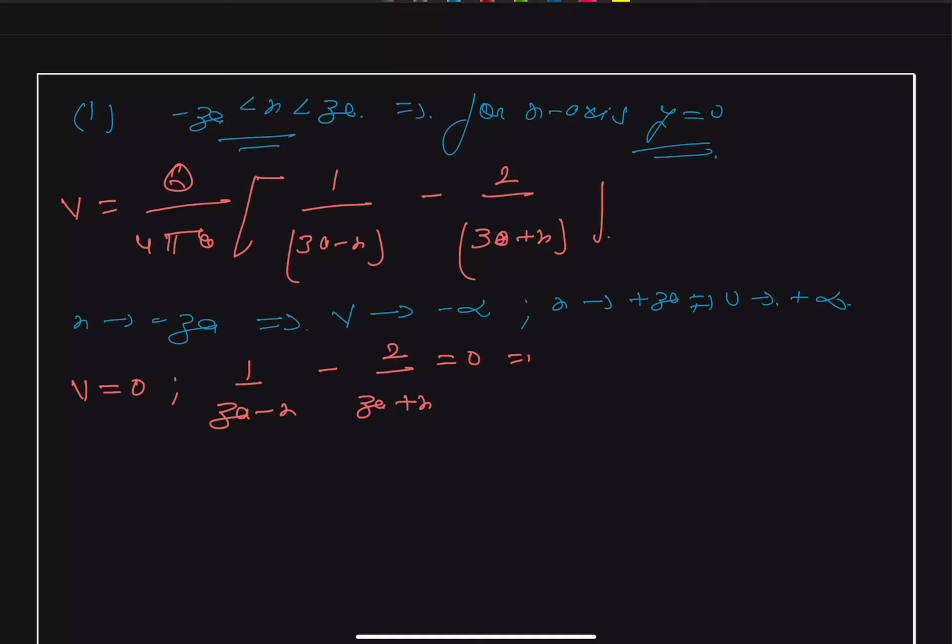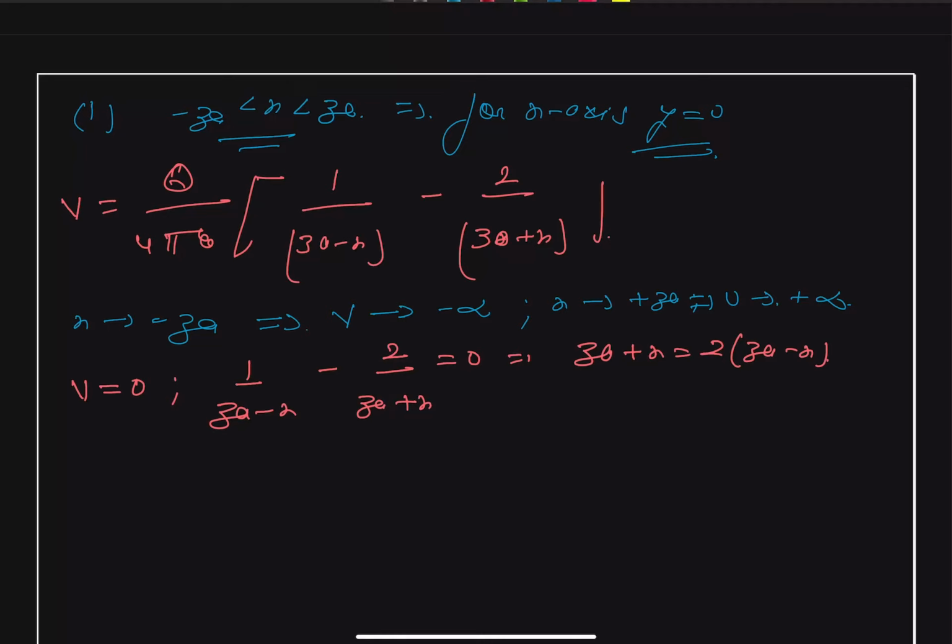This gives us 3a plus x is equal to twice 3a minus x.